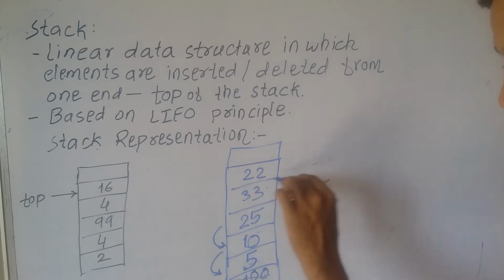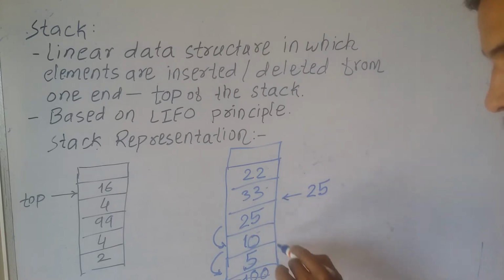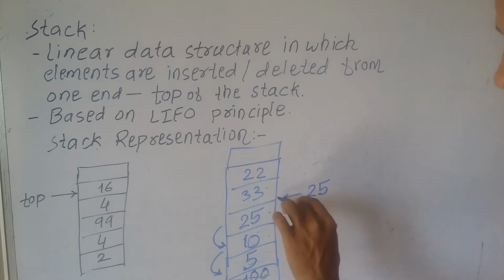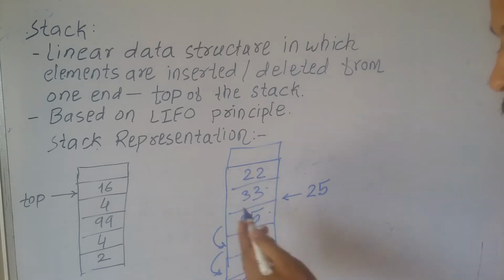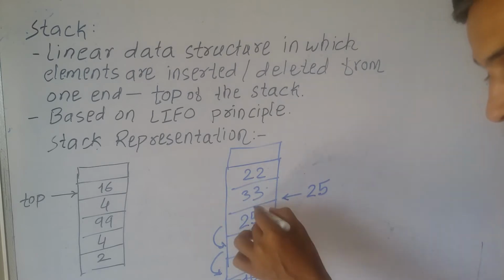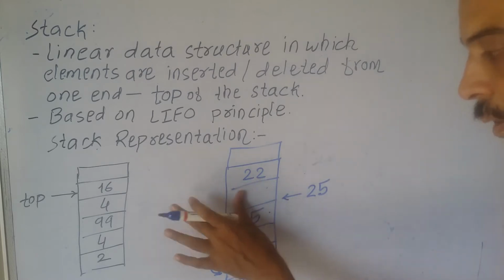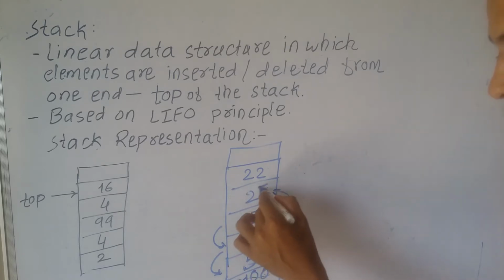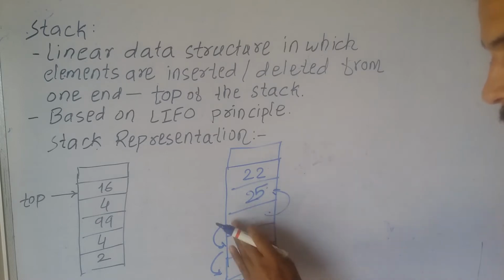Between these two I can insert, between these two I can insert. So at any position I can insert the element. For that, I have to shift all the remaining elements one position downward. Similarly, if I want to delete this 23, I have to shift 25 over here, then this 25 is replaced by 10, which is the next element.